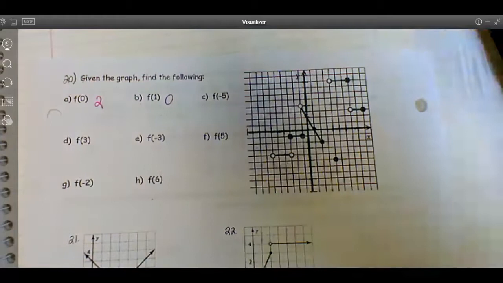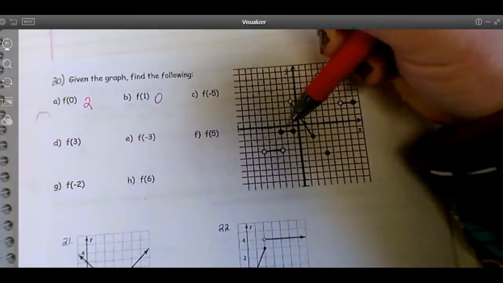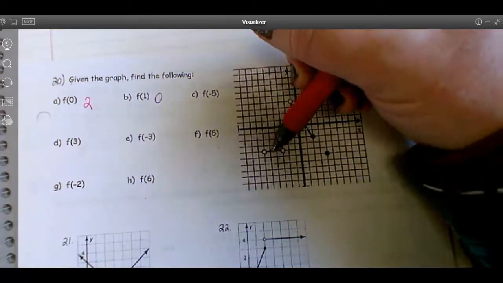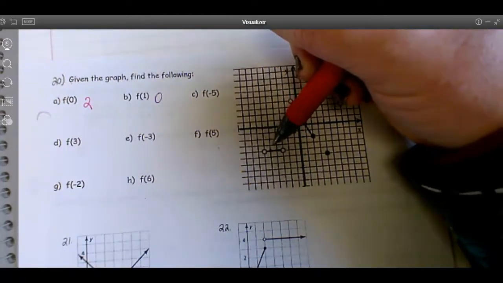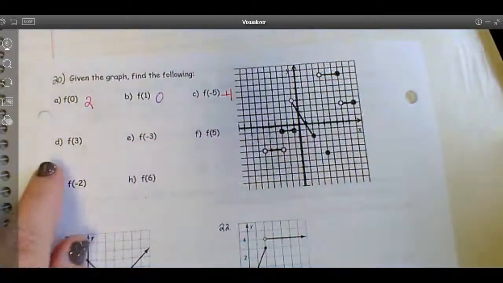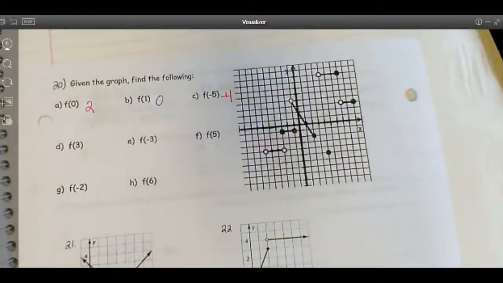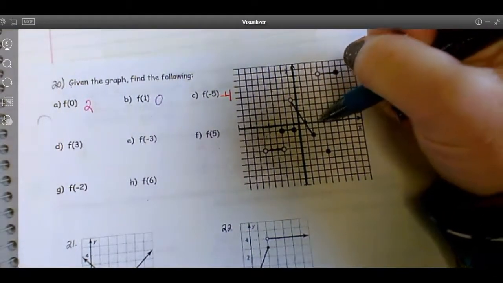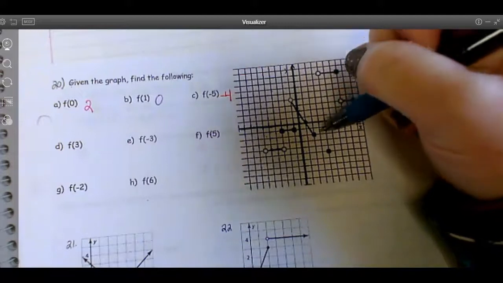F of negative 5 means that I go over to negative 5 and then I find the y value down here, which is negative 4. Alright, f of 3, that means I go over to 3 and I find the y value.